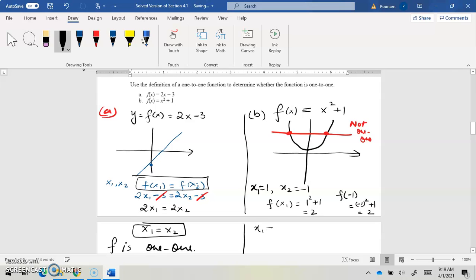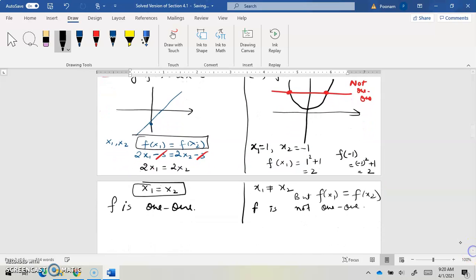Now x1 is not equal to x2, but f of x1 is equal to f of x2. That means this function f is not one-to-one. Why? Because two different elements are there whose images are same. For one-to-one function, no two different elements' image should be same.